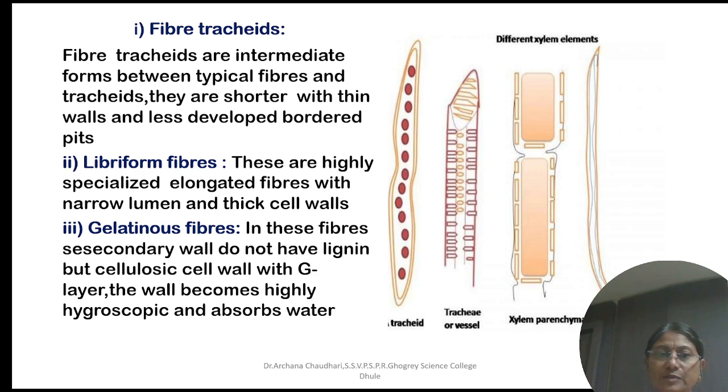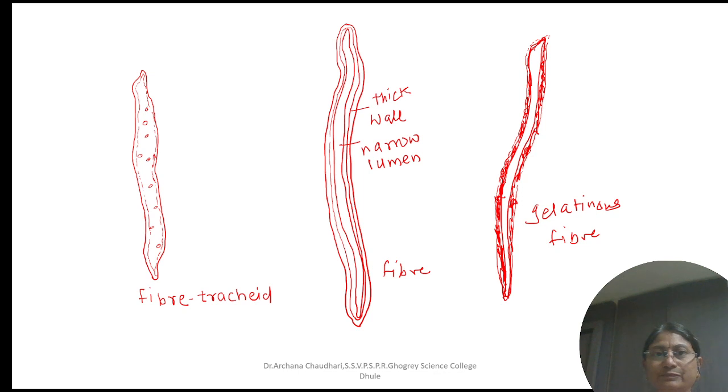The wall becomes highly hygroscopic and absorbs water. These are the differentiating features between fiber tracheids, the fiber, and the gelatinous fiber. Fiber tracheid is an intermediate, where the tracheid is gradually transforming into a fiber.